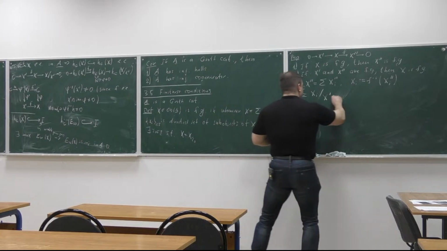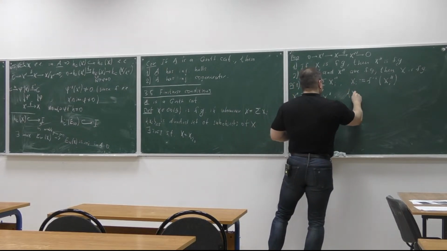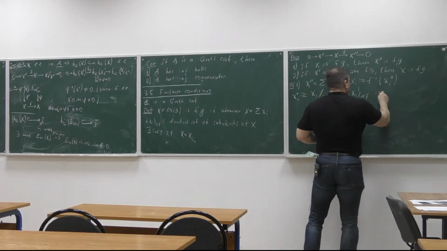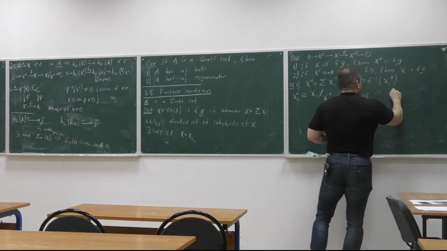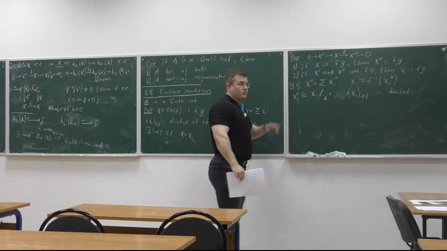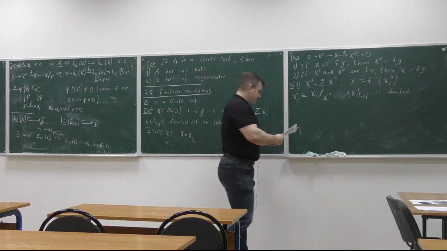Okay, so then this set xi that I constructed is directed. Now that's a trivial observation because f inverse preserves the inclusions. So this is directed.